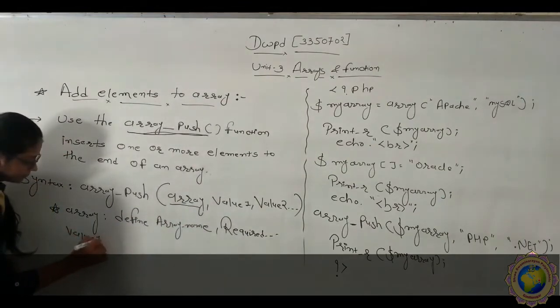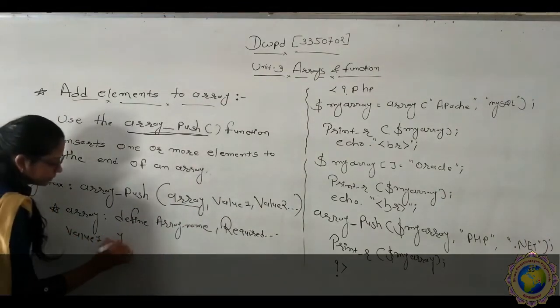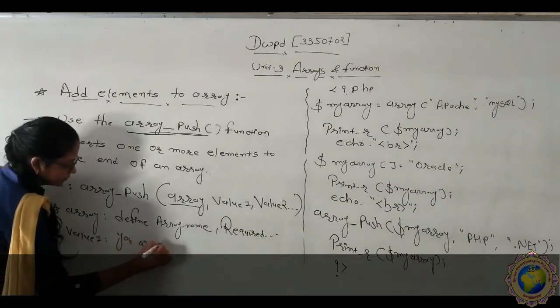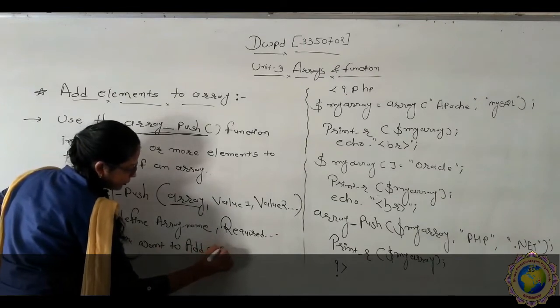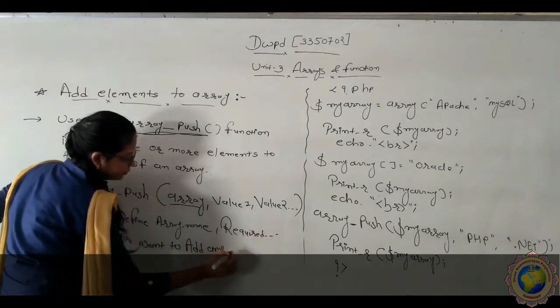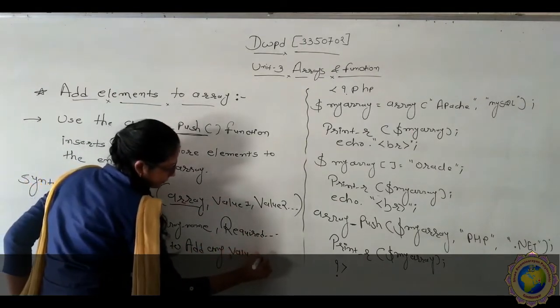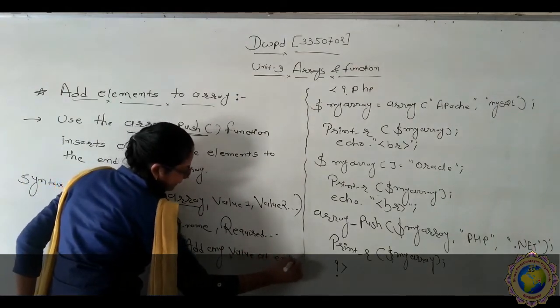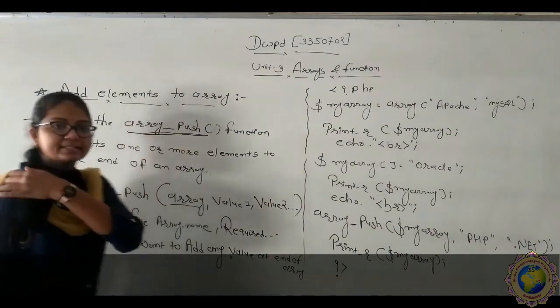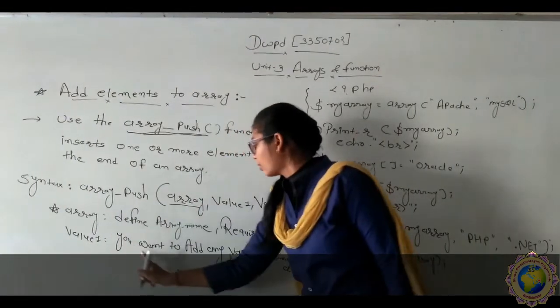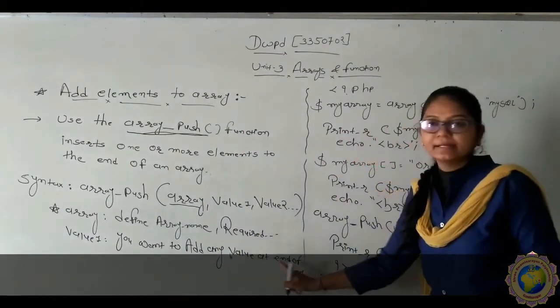Value 1 is nothing but any value you want to add at the end of the array. So this is the value you want to add at the end of the array.